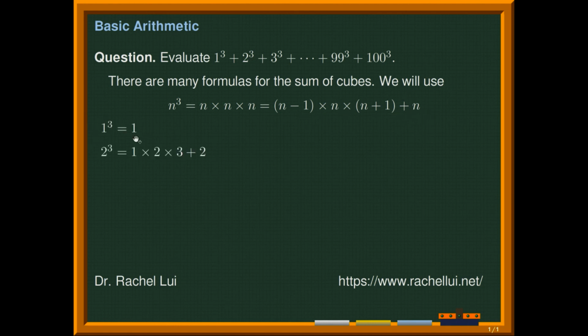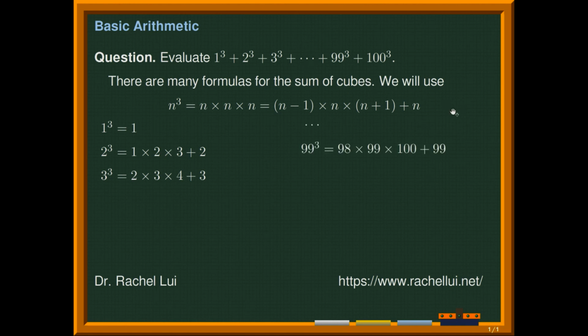So 1 cubed is 1. 2 cubed is equal to 2 times 2 times 2, which is equal to 2 minus 1, which is 1, times 2 plus 1, which is 3, plus 2. 3 cubed is equal to 3 times 3 times 3, which is equal to 3 minus 1, which is 2, times 3 plus 1, which is 4, plus 3. And so on.